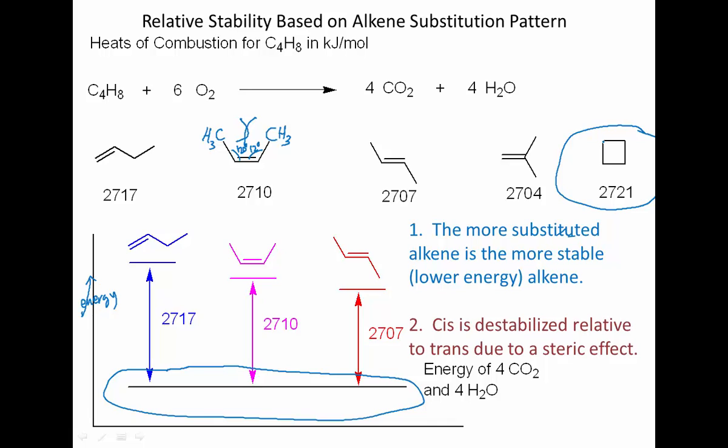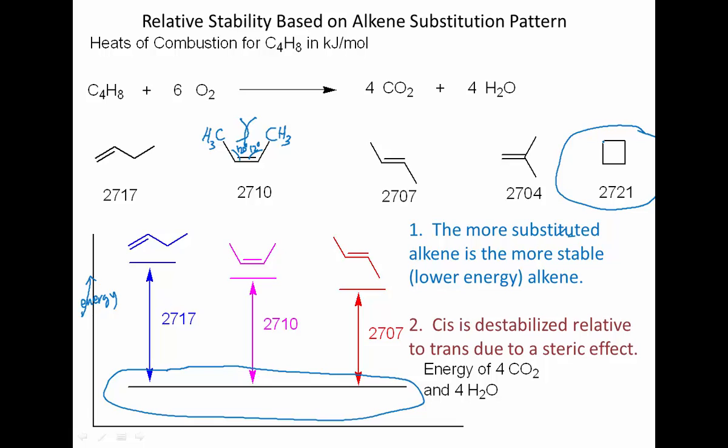So all the bonds in cyclobutane are sigma bonds. And the only reason it's close is because of angle strain. If it wasn't for the angle strain, we would see that cyclobutane would probably be much more stable than these compounds here.